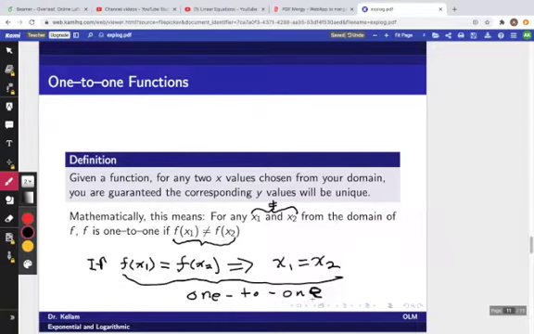And this is the definition that we will use when we are actually trying to determine if some of the items are one-to-one or not, but we will look at that as we get to it.